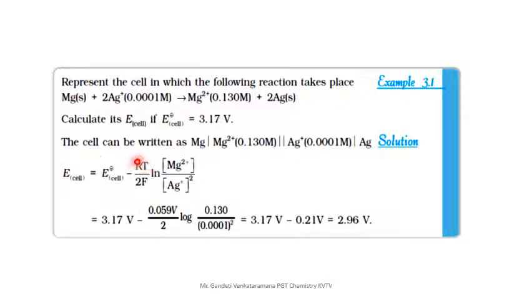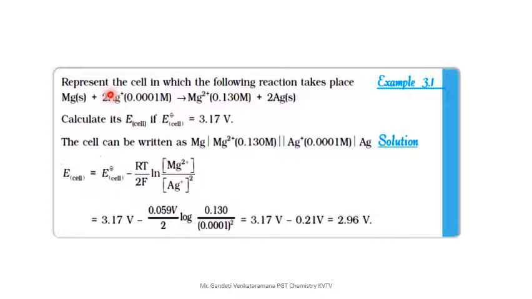RT by F, exactly this value, means 0.059 you will get. Remember this value. Log of Mg2+: on the right-hand side Mg2+ is present and silver is present, but silver is solid, so no need to take it. On the left-hand side magnesium is solid, so don't take it, and take the Ag+.